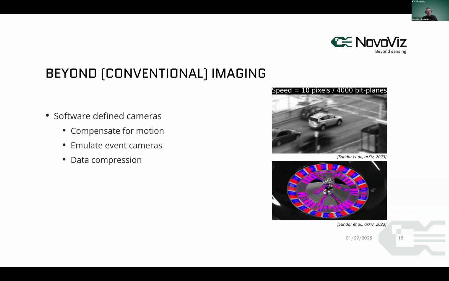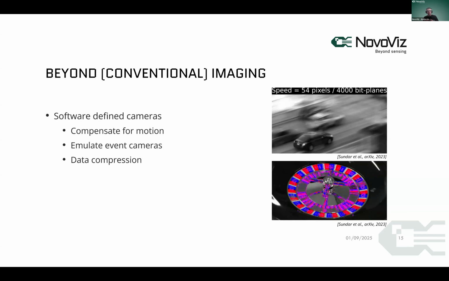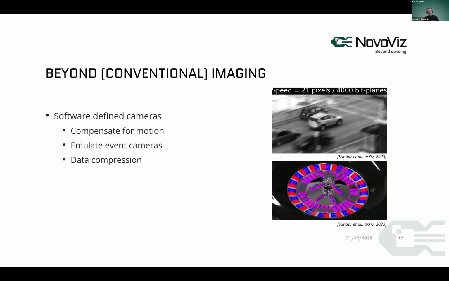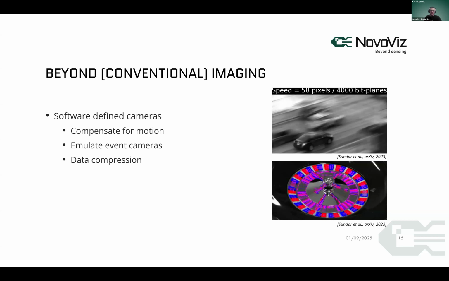We've also demonstrated data compression algorithms and other camera modalities, and these were all run on one of our prototypes that has the capability of running user-defined software directly behind the pixel, so no longer application specific like the previous array.